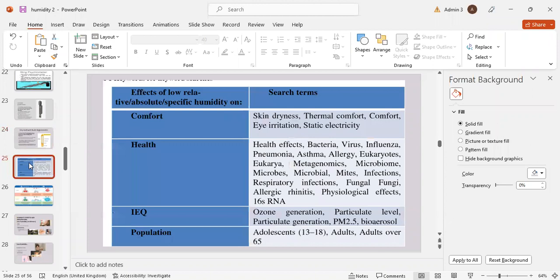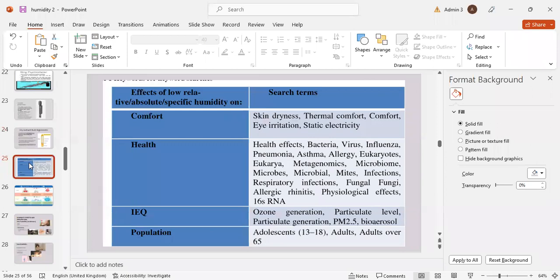And this table shows the effects of low relative humidity, absolute humidity or specific humidity. Absolute and specific humidities are almost similar. Comfort: with low relative humidity, there is dryness of skin, loss of thermal comfort, eye irritation, and health effects.